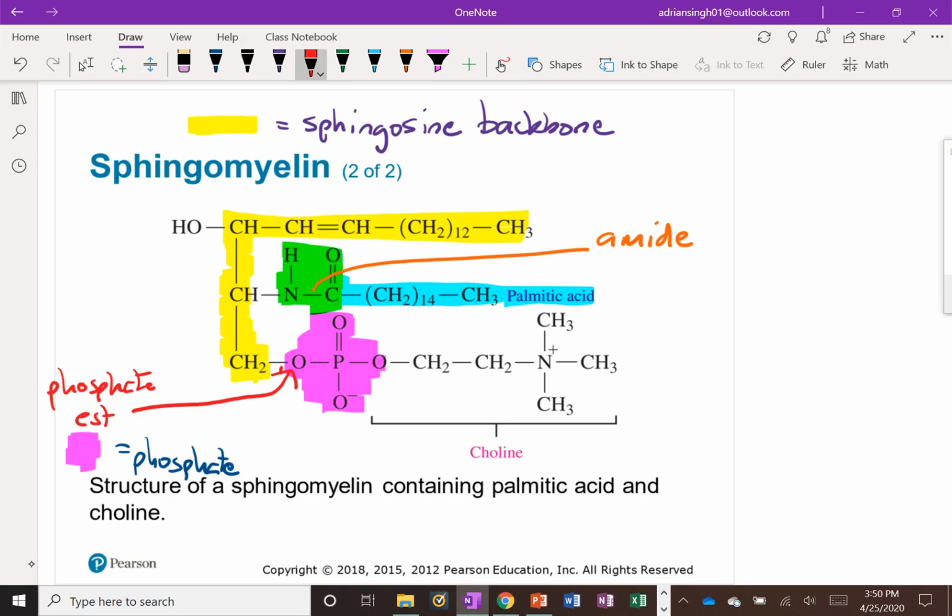So we call it a phosphate ester, and it's also attached to the amino alcohol on the other side by a phosphate ester bond as well. So this part here is your amino alcohol.